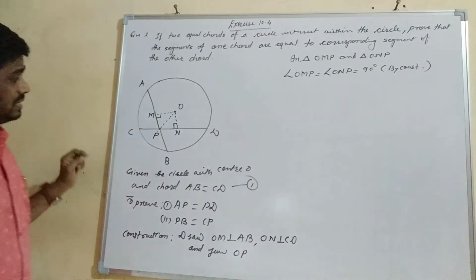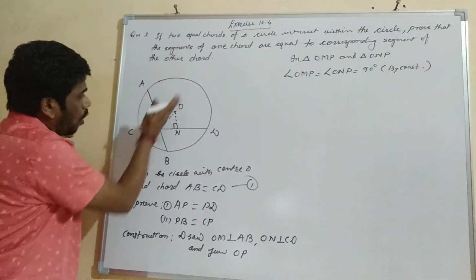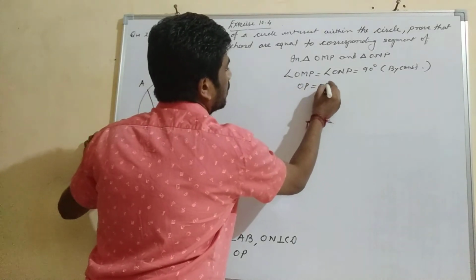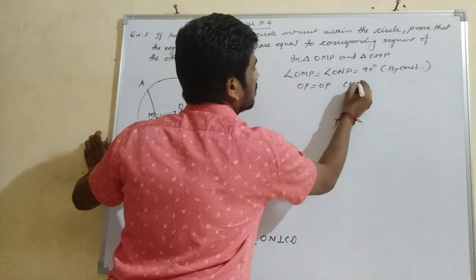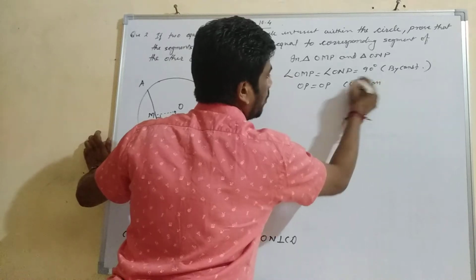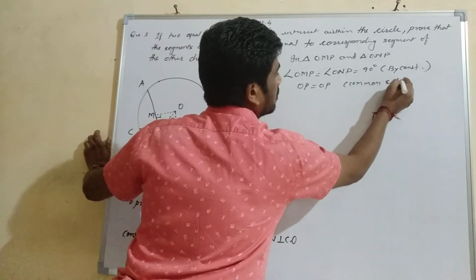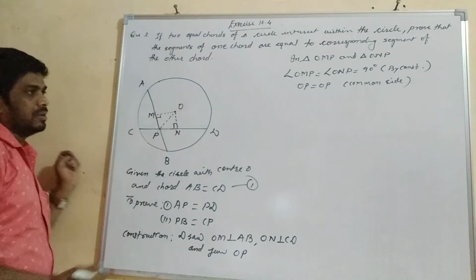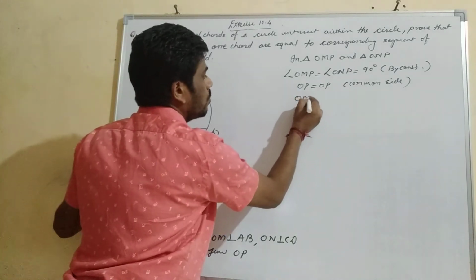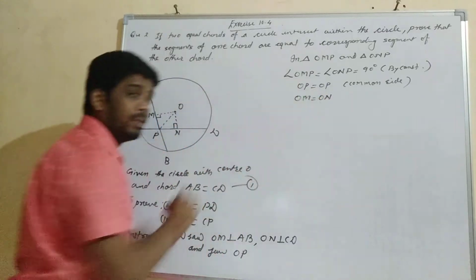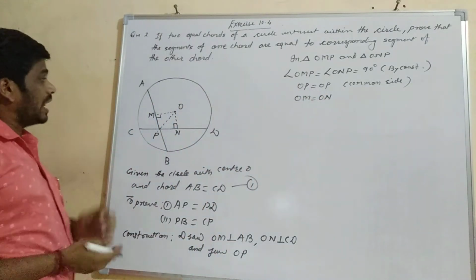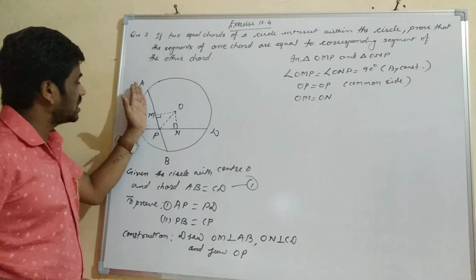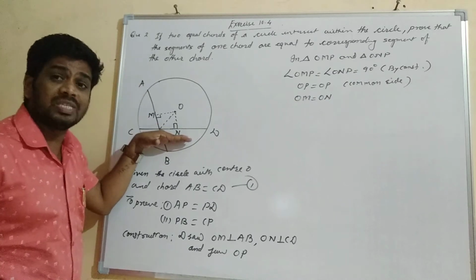Okay, then this is a common side. OP equal to OP. This is the common side of both the triangles. Okay, and OM will be equal to ON. Why will it be equal? Because it is given AB is equal to CD. These are the two chords which are equal.